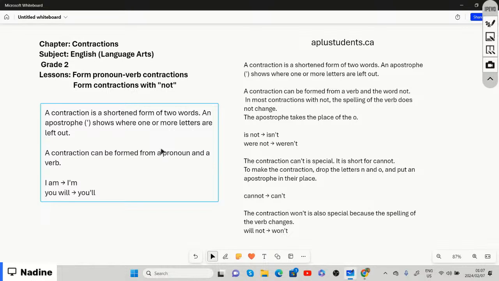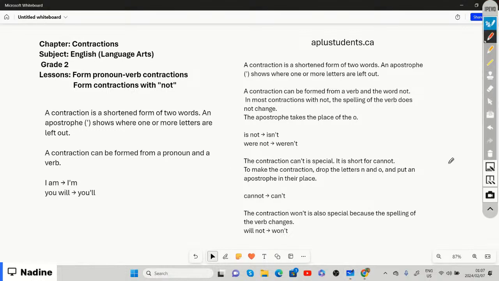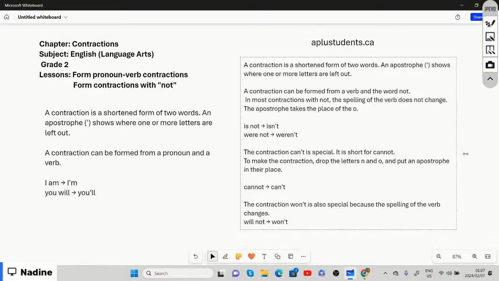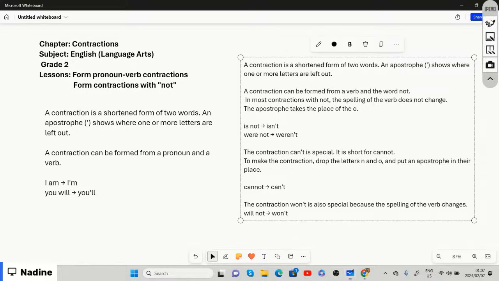All right. So, contraction. A contraction is a shortened form of two words, right?